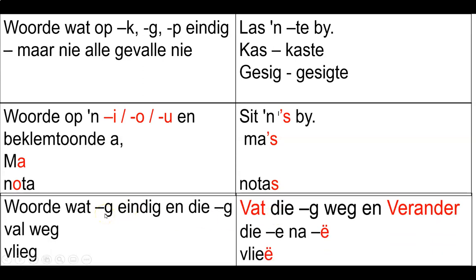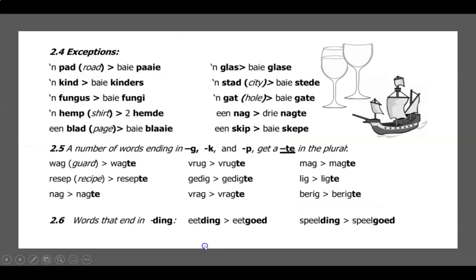Words that end on a G, the G falls away, and we add an E, but a deelteken E. Vlieg, vlieë. There are exceptions, and these are commonly asked due to the big changes in them. So learn those well, especially pad, that becomes paaie, and stad, stede, skip, skepe. Also look at eetding and speelding, which become eetgoed and speelgoed.